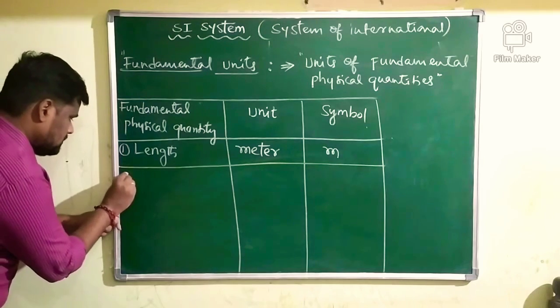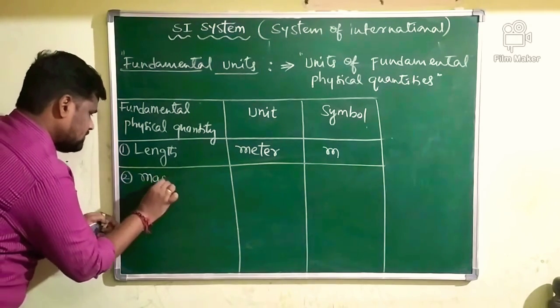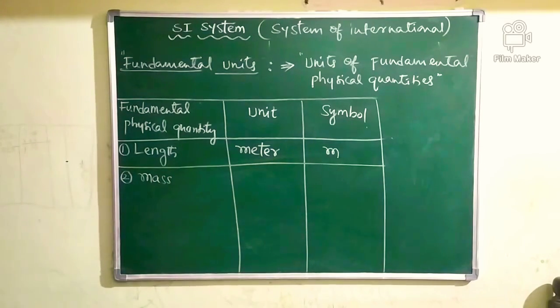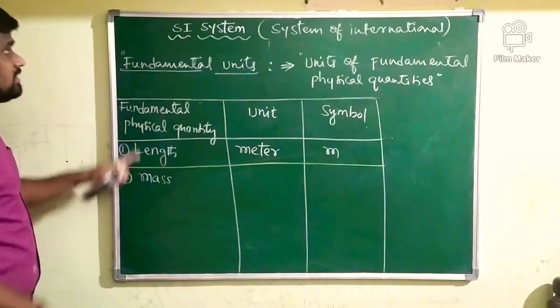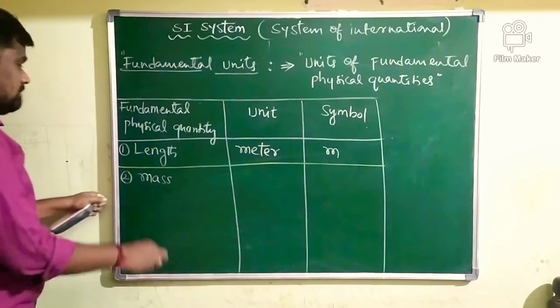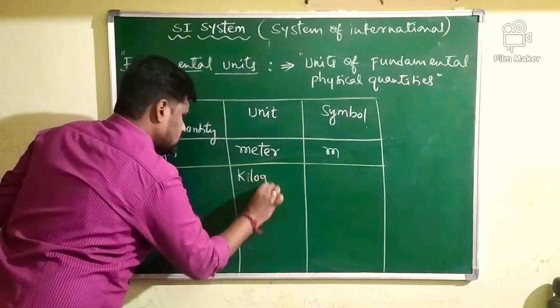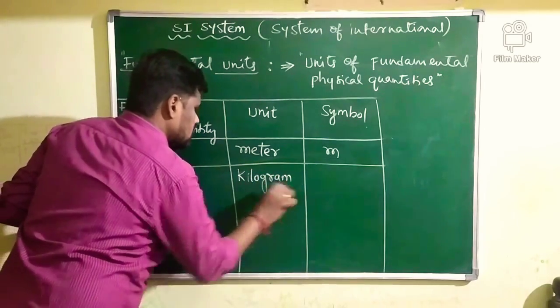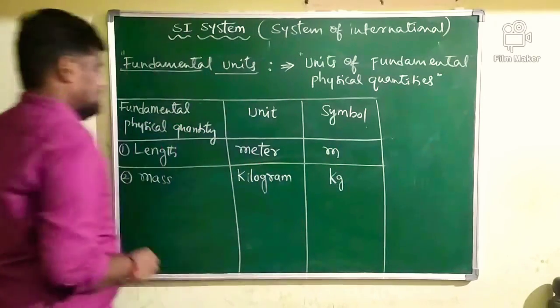Second comes mass. The second fundamental physical quantity is mass. Unit of mass in SI system is kilogram, or else we call it kg.